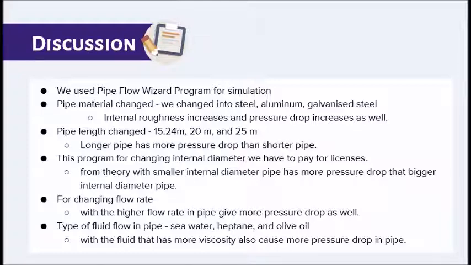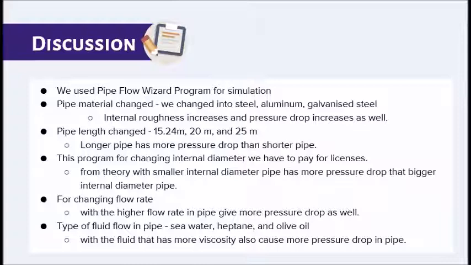And the last one, the type of fluid flowing in the pipe, we change the fluid into 3 types. The first one is seawater, the second one is heptane, and the last one is olive oil. With different fluids, we will have different viscosity, right? So the more viscosity, the more pressure drop in the pipe.